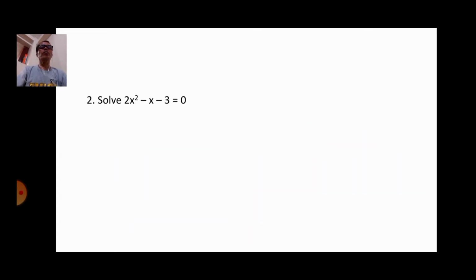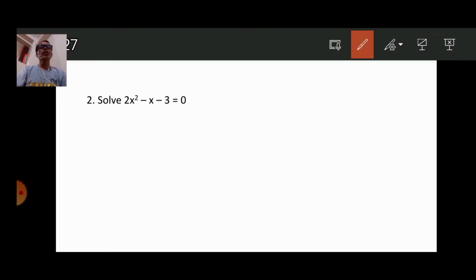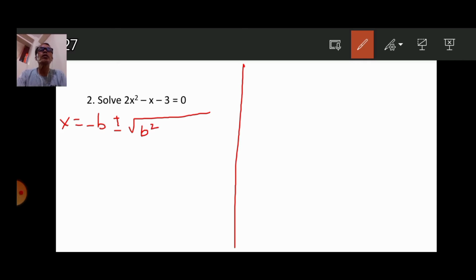So, another example. If we have x squared minus x minus 3 equals 0. Now, as you can see, the given quadratic equation is already in its standard form. So, we can right away use the quadratic formula. Writing the quadratic formula, x is equal to negative b plus minus the square root of b squared minus 4ac all over 2a.